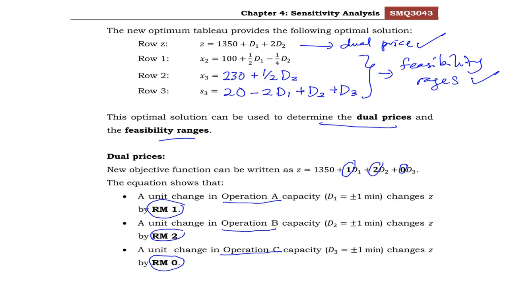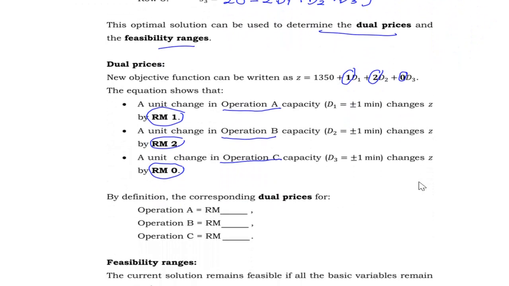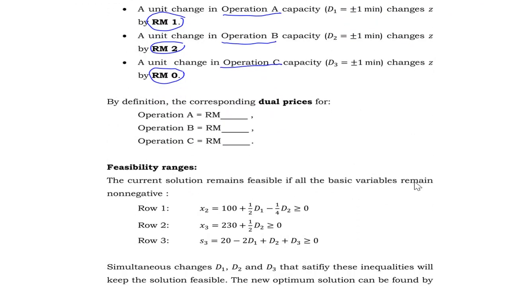Okay. So by definition, the corresponding dual price for operation A is RM 1, operation B RM 2, and operation C 0.